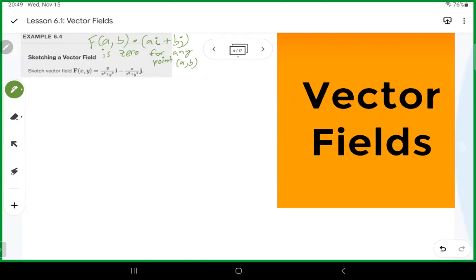Therefore, each vector is tangent to the circle on which it is located. Also, as (a, b) approaches (0, 0), the magnitude of the vector field goes to infinity.